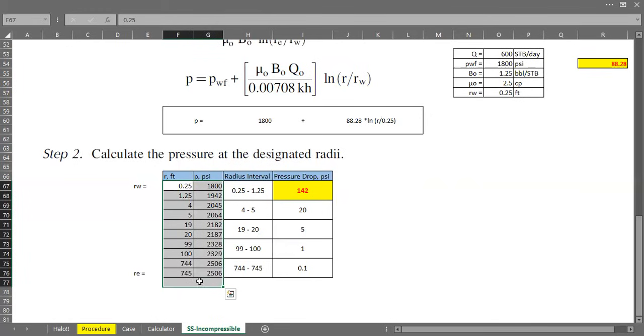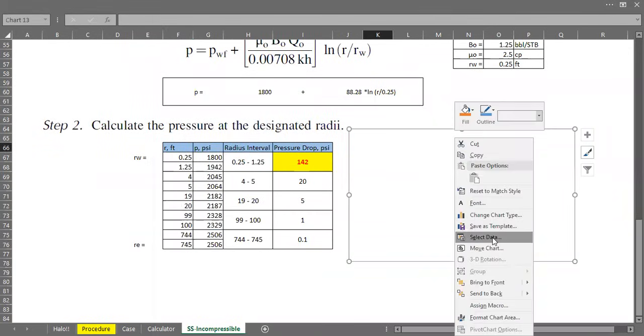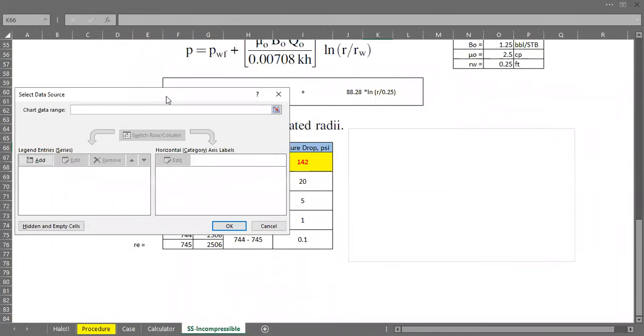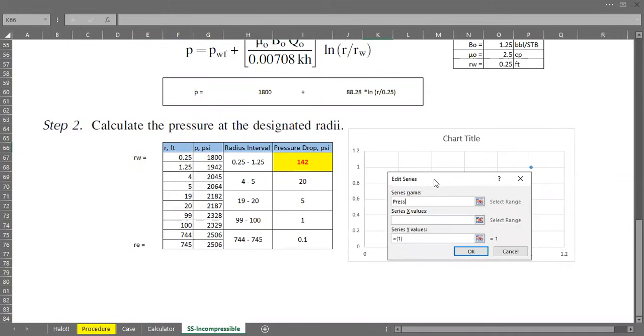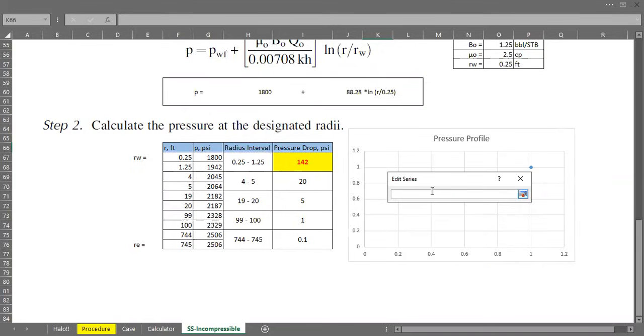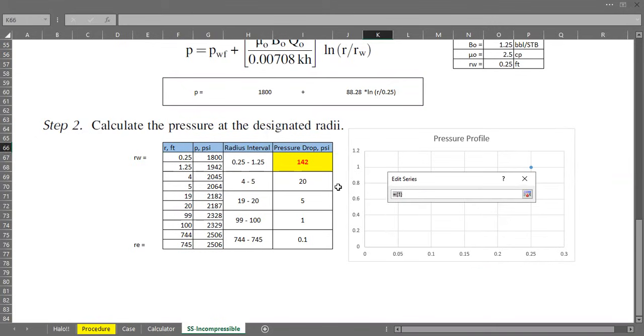And let's say we want to create a plot out of this table. Okay, I will create a plot. This is my plot. Select data, add series name. I will call it pressure profile. X-axis here, the radius, and the vertical axis, y-axis is pressure.